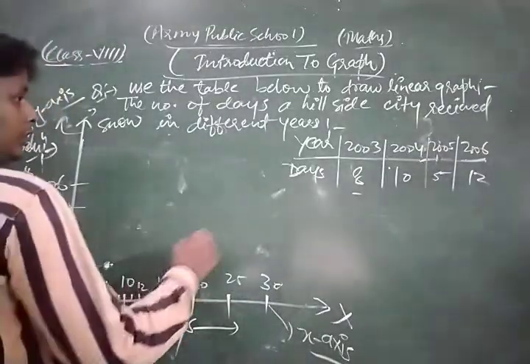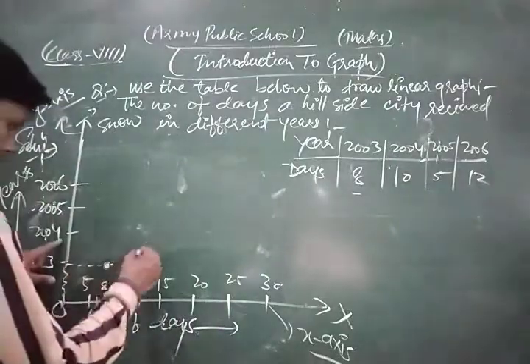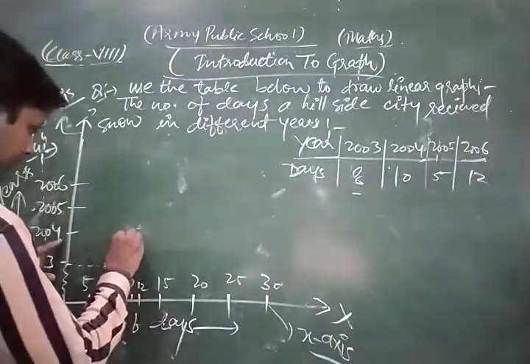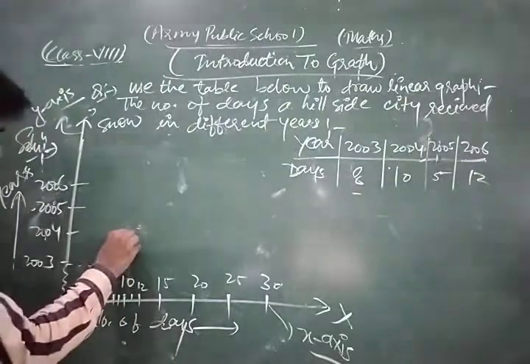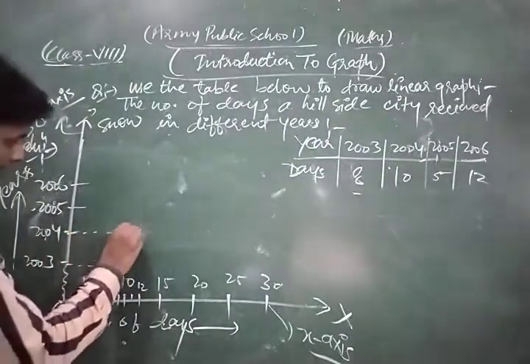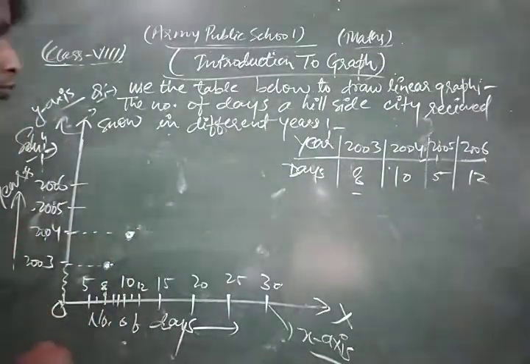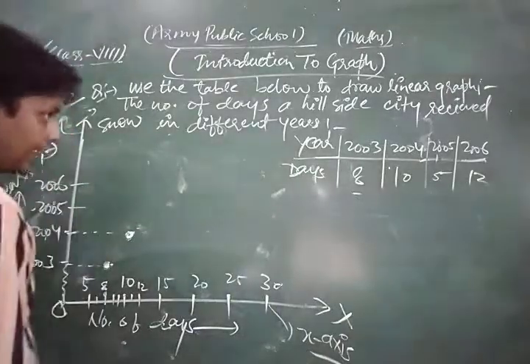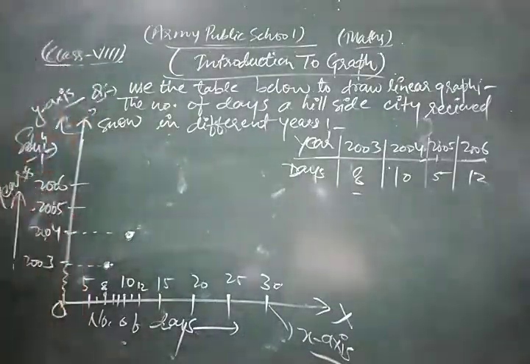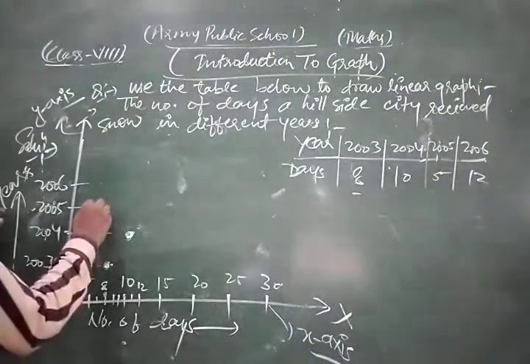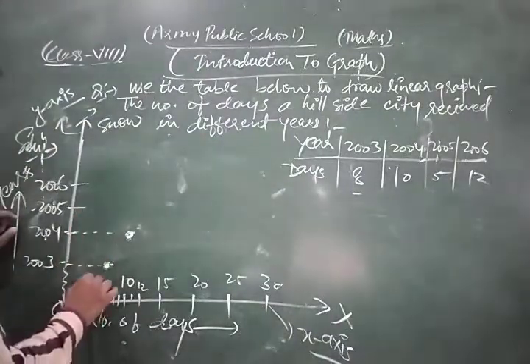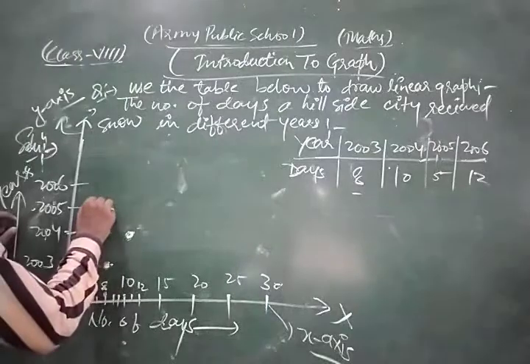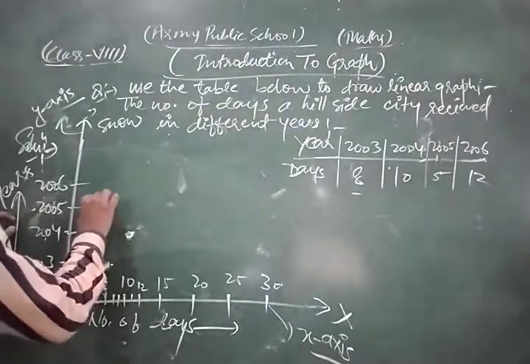Now in 2004 there is 10, so this point is here. Next is 2005: how many days received snow? This is 5, that is the location.